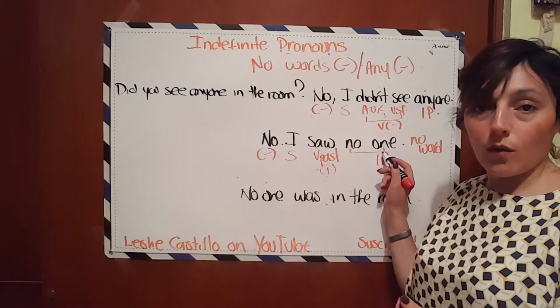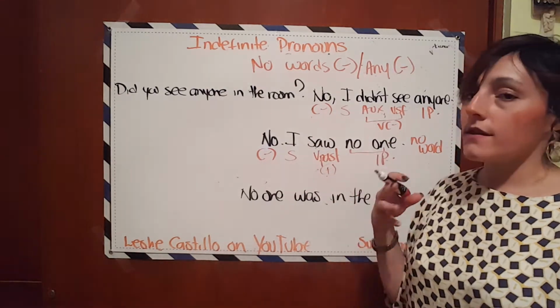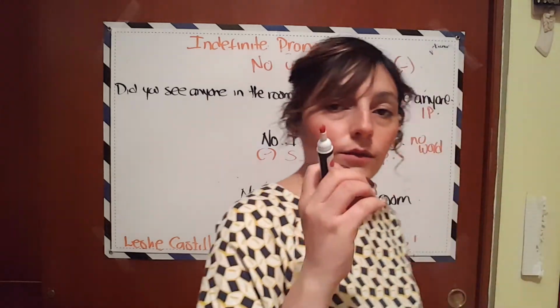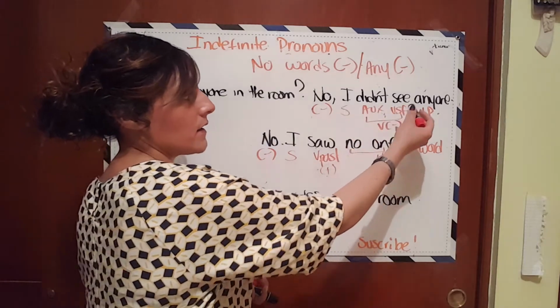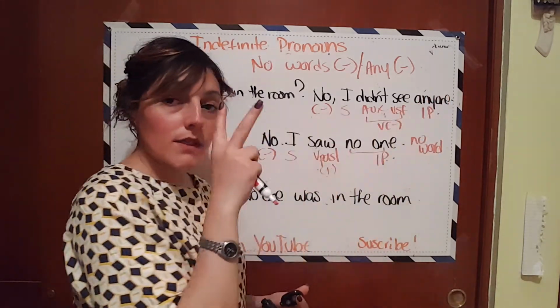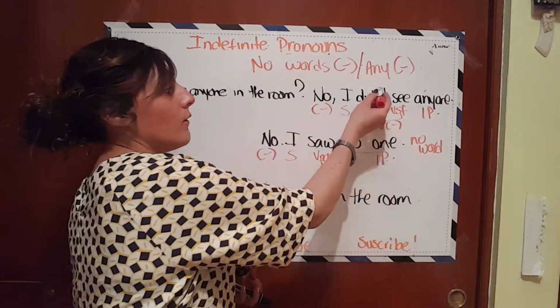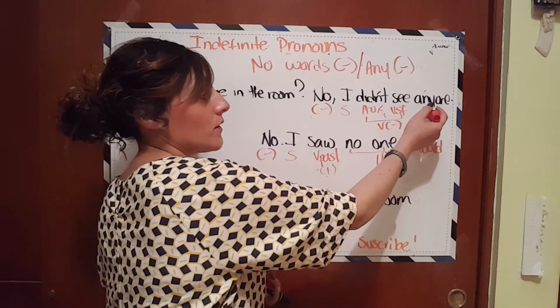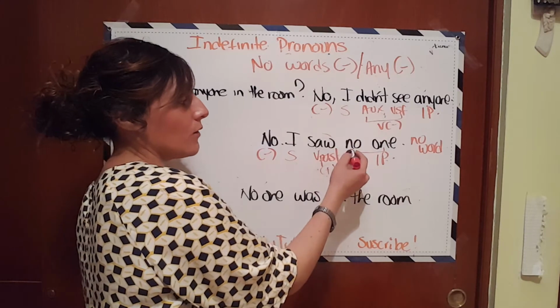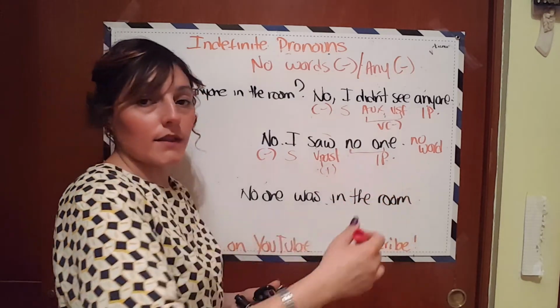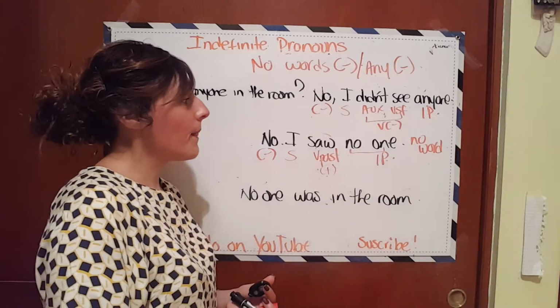I saw no one. So it's not correct if you say I didn't see no one, because it's a double negative. So if one is negative, then you use any. If your verb is affirmative, then you use no words as indefinite pronouns.